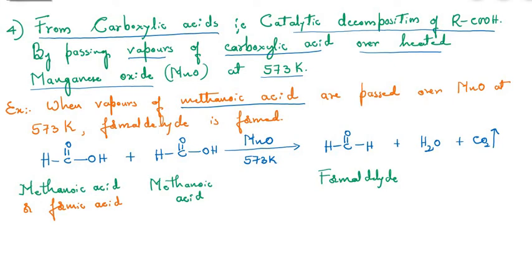So in this reaction, two molecules of methanoic acid, which is also called formic acid, when passed over manganese oxide at 573 Kelvin, we will be getting formaldehyde, and it is represented here. So here what happens, one of the OH group of formic acid will be lost along with the formate group of the other molecule of formic acid.